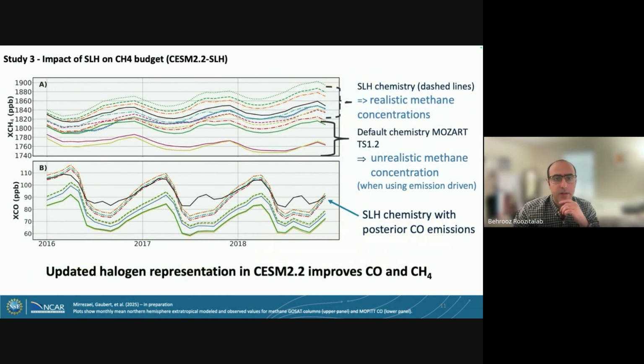And here we show the methane and carbon monoxide, CO, observations and the model performance in simulating those.